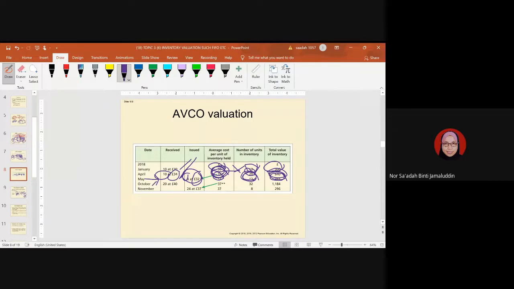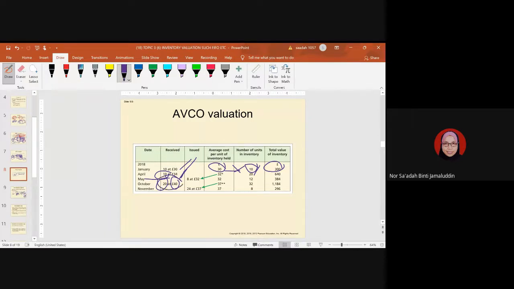And then on October, okay, on October we bought again our inventory. So that 20 units at 40 ringgit. So 20 times 40, we get 800.